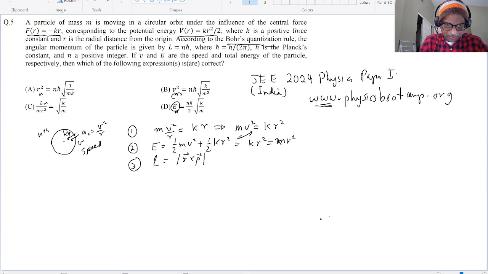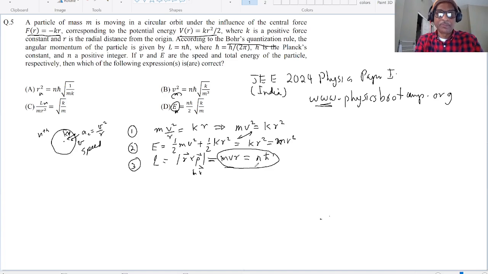My pen stopped working, so I changed the battery. Back to the problem: m v r equals n h bar. If you knew this, you just plug in and solve.